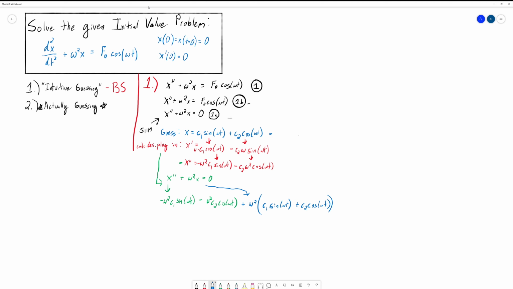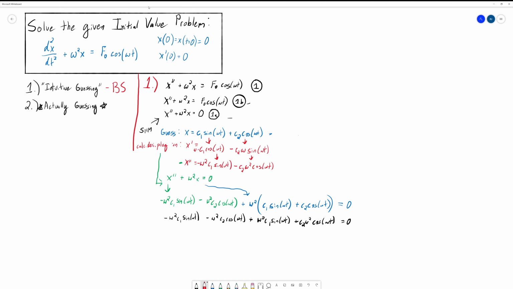Okay, and this should equal 0. I'm just going to rewrite this as minus omega squared c1 sine omega t minus omega squared c2 cosine omega t plus omega squared, I'm going to distribute the omega squared, c1 sine of omega t plus c2 cosine of omega t equals 0.